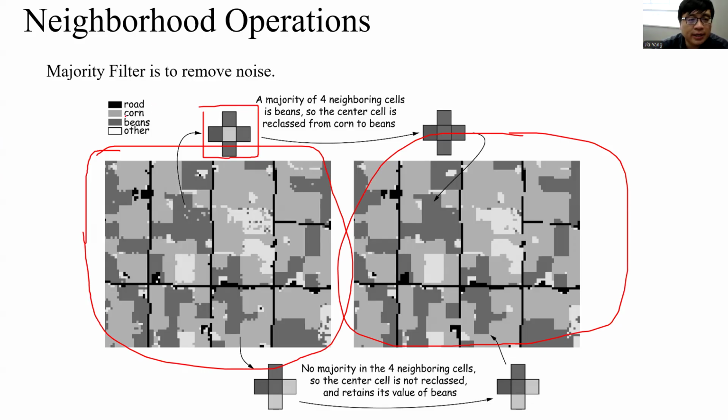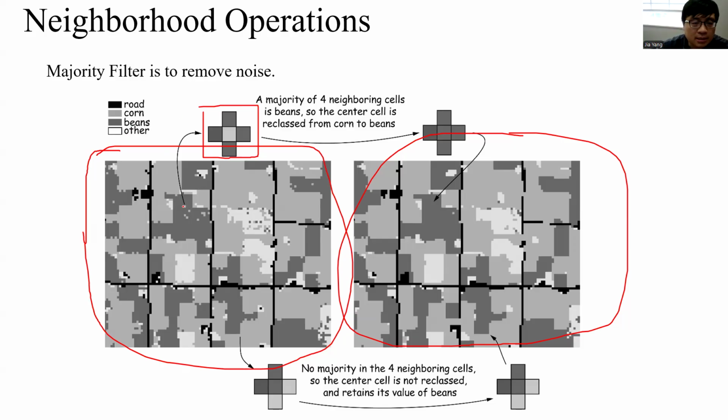We have a light gray color, that's the corn, and the dark gray color, the soybean. And the white pixels are other land cover types. So we use remote sensing to do the land cover classification. But sometimes we can make mistakes. The remote sensing can make mistakes, or the software makes mistakes, or the reflectance does not follow the spectral signature curve.